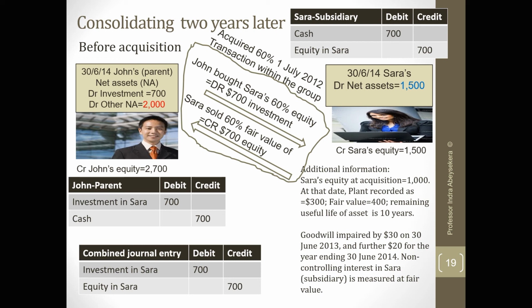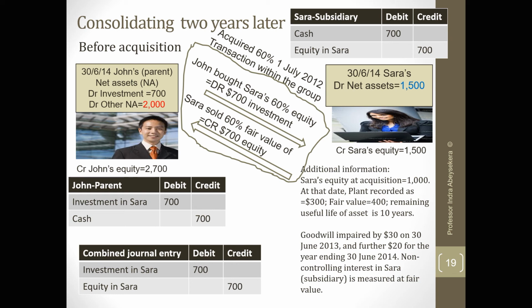The same plant has to be revalued, and the goodwill has impaired by $30 in the previous year, and in the current year by further $20. And then it says non-controlling interest in Sarah was measured at fair value.